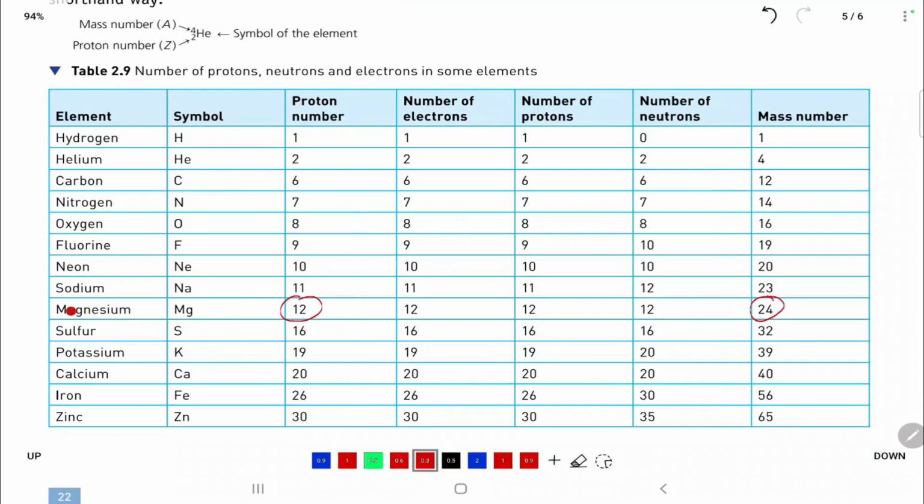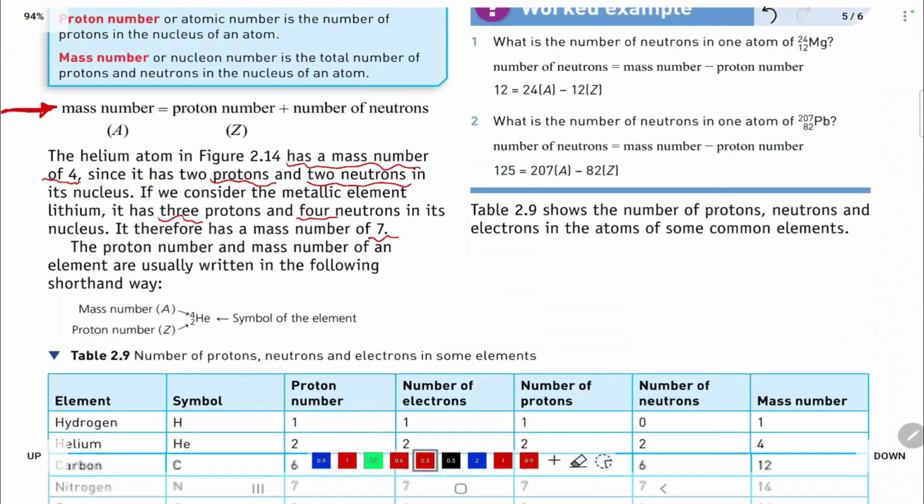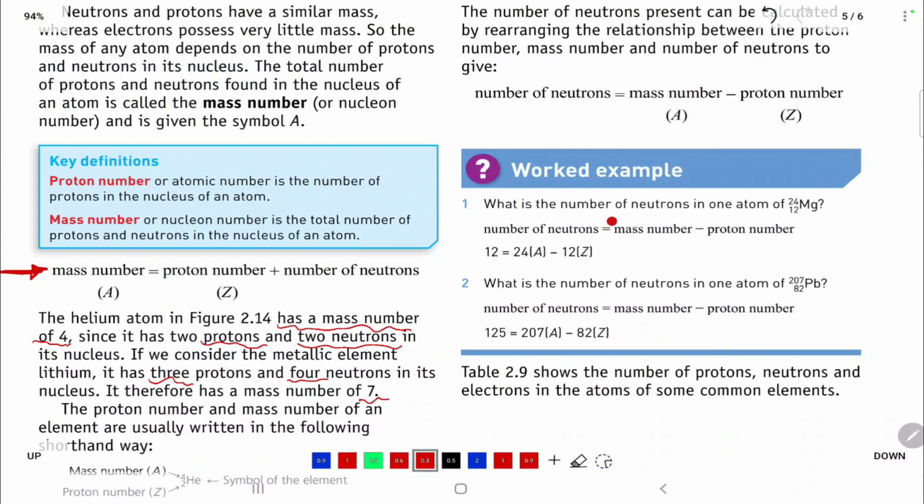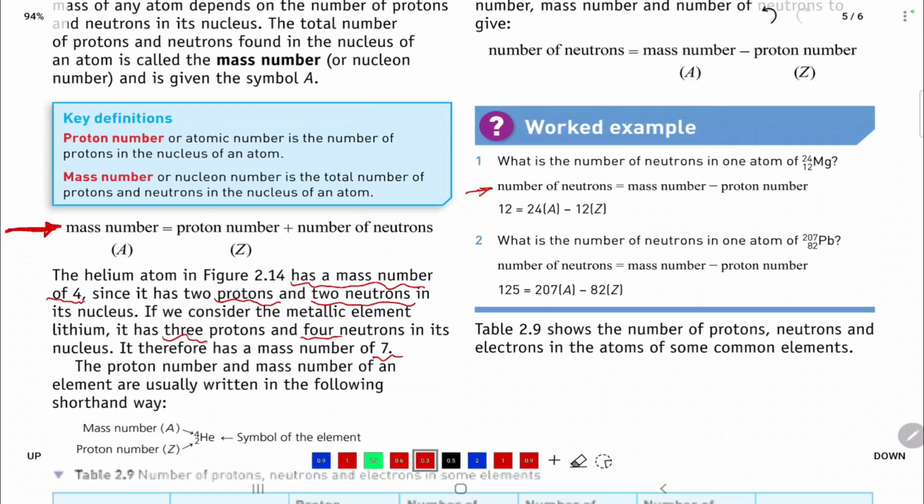So I can read through magnesium. It has proton number 12 and mass number 24. So what is the number of neutrons in one atom of Mg, 24 over 12? We will use this one: number of neutrons equals mass number minus proton number.